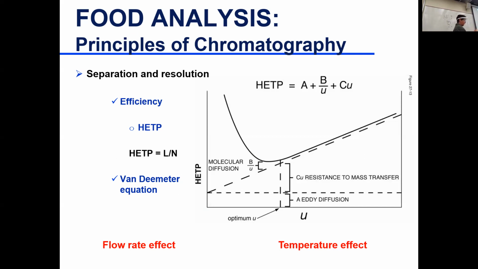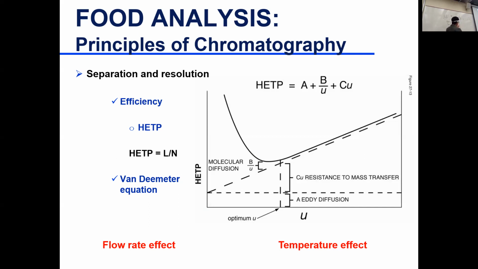This is important for when Gary starts talking about capillary columns in GC. If you have very thin material and your sample is going through, it doesn't have much diffusion in there.